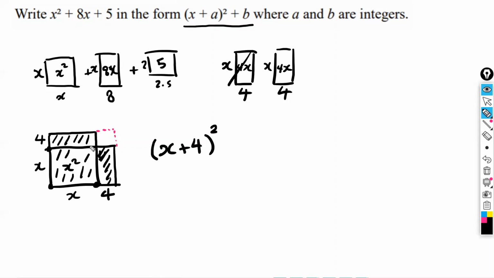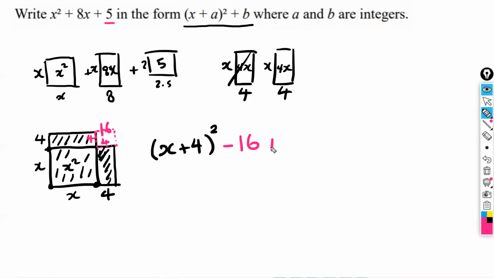And if I was to subtract this bit away, I need to find out what the dimensions of this pink square are going to be. Well, the dimensions of the pink square are a base of 4 and a height of 4, so the area of the square is actually going to be 16. So I need to subtract 16 away, and then don't forget about the 5 that we have here.